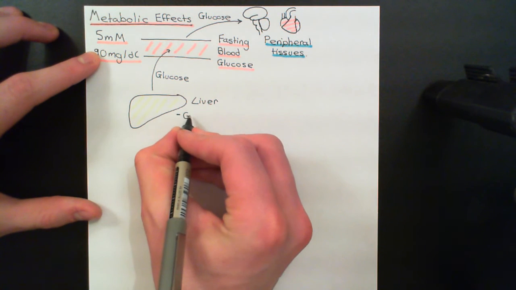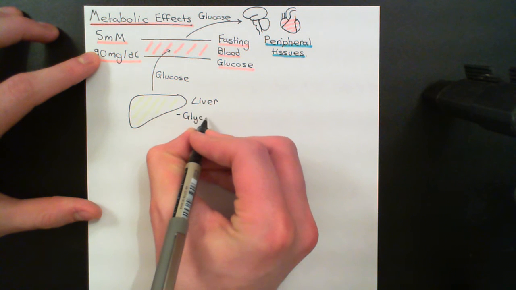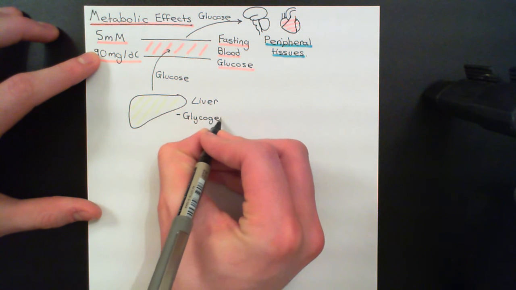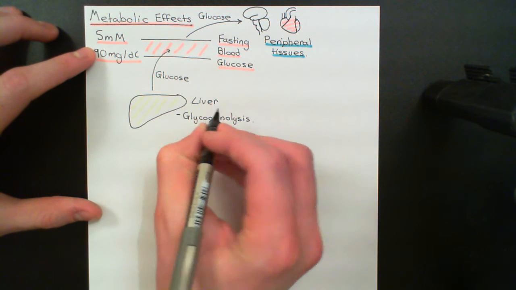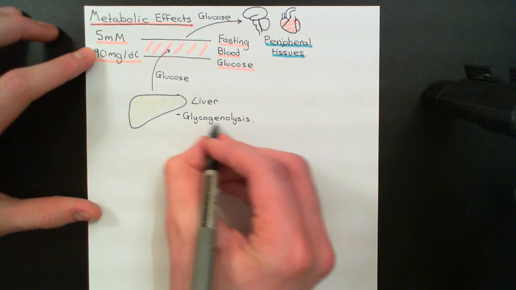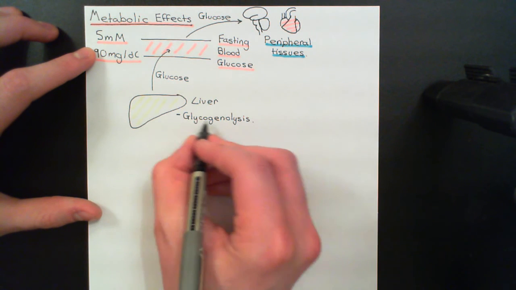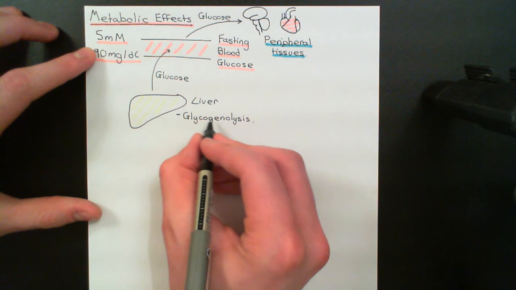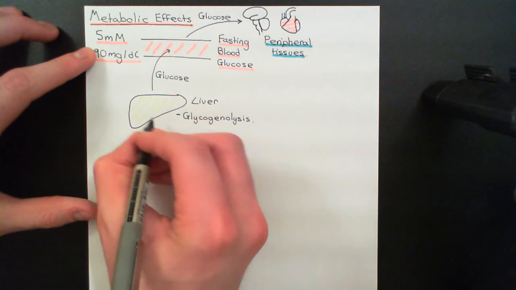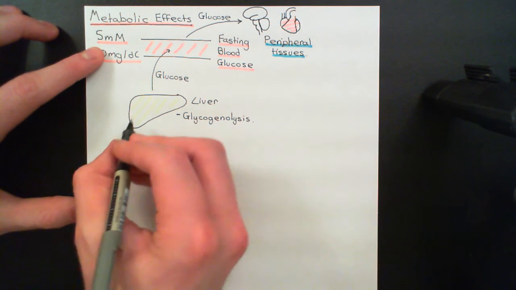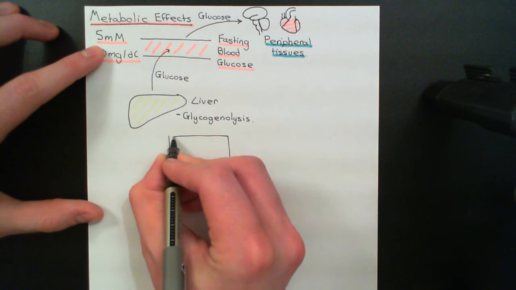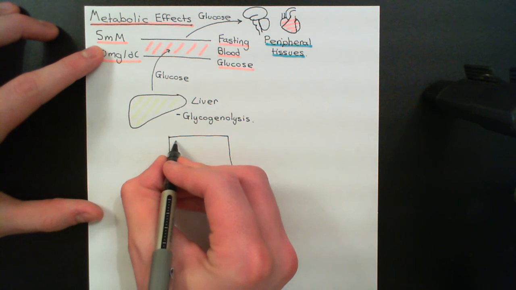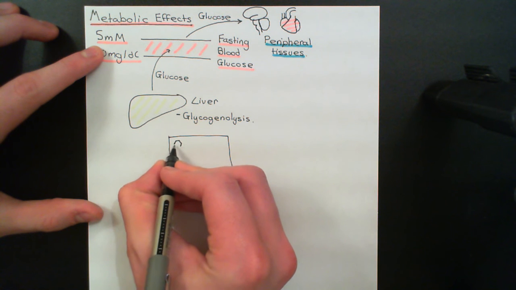So the process of breaking glycogen down and releasing the glucose from it is known as glycogenolysis. Okay, so glycogen breakdown. Lysis means to break something up. Glycogen is the polymer of glucose. So just to draw a little picture here, if we have a hepatocyte, I'll have my hepatocyte here. Glycogen is a molecule that's made up of loads of glucose molecules.